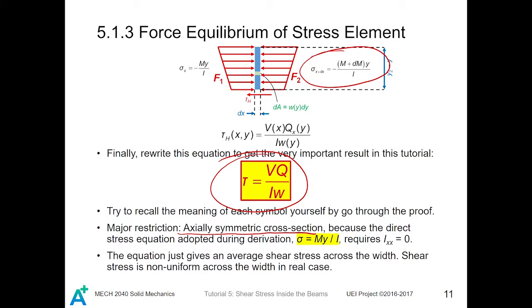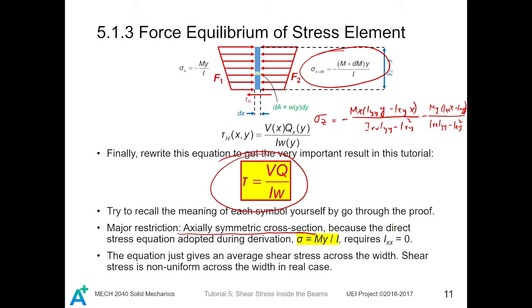The general version is given by sigma_z equals minus (Mx Iyy minus My Ixy) x divided by (Ixx Iyy minus Ixy squared), minus (My Ixx minus Mx Ixy) y divided by (Ixx Iyy minus Ixy squared).